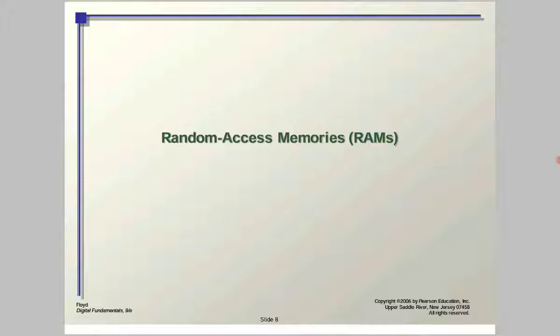The main memory of a computer is also called RAM, random access memory.